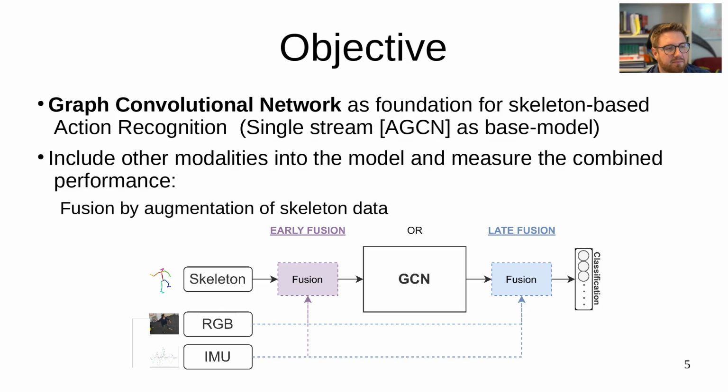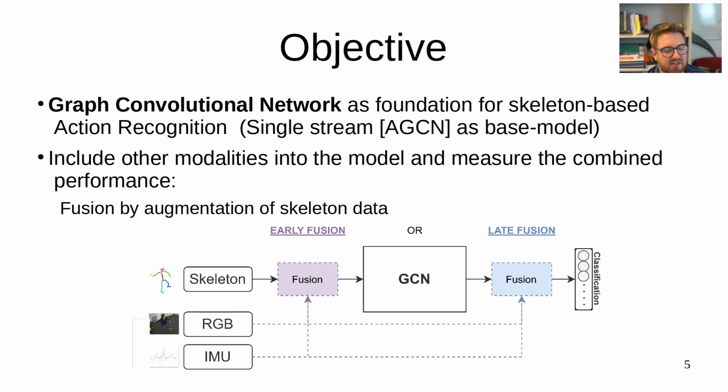Our basis is a GCN model as a base model, and we incorporate the additional modalities on two different levels in an early fusion scheme. So what does early fusion mean?